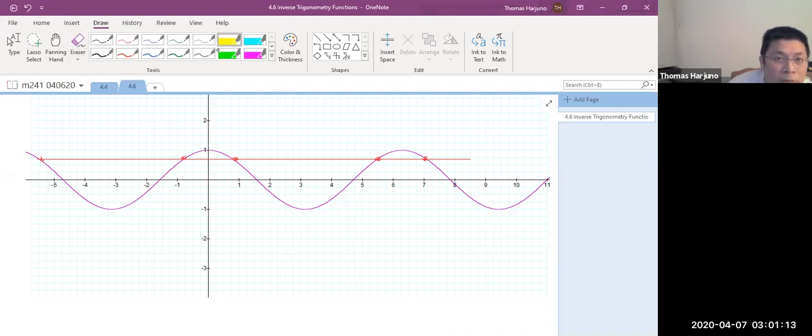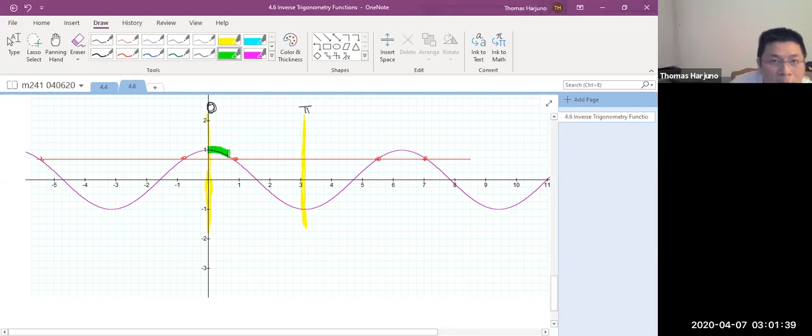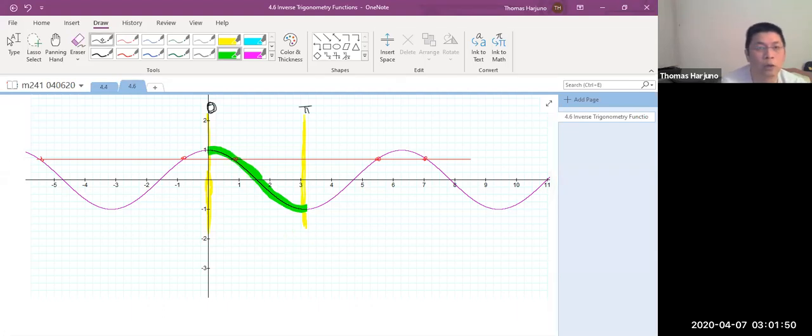And the restriction for cosine inverse will be from 0 to 2 pi. I'm sorry, to pi. That will be the restriction, from 0 up to pi. Notice that in this interval, the graph of cosine is one-to-one.